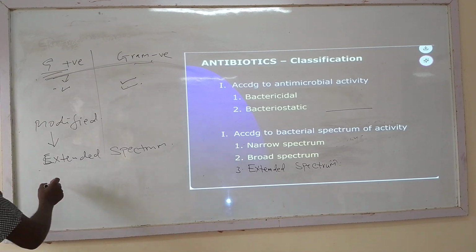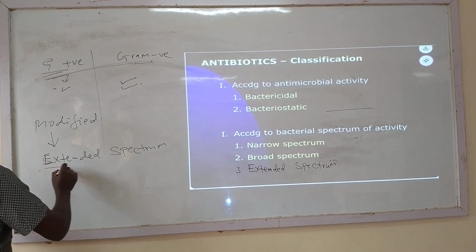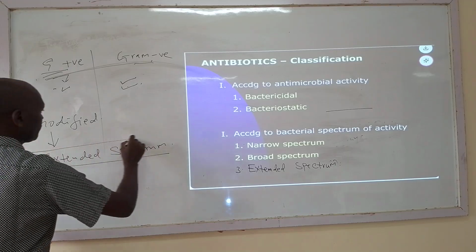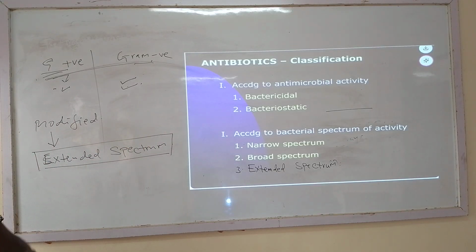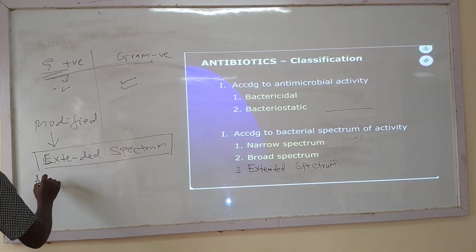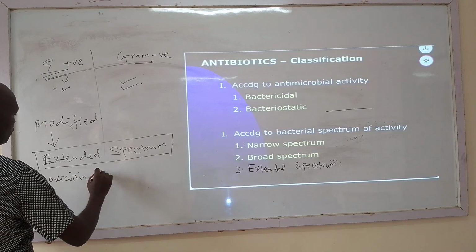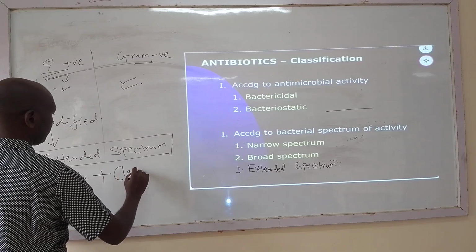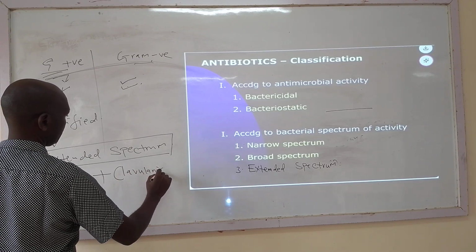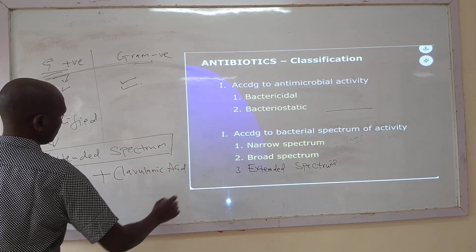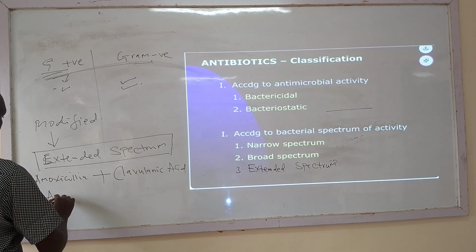An example of a way of extending the spectrum of antibiotics is amoxicillin, which is normally combined with clavulanic acid to give you amoxiclav.